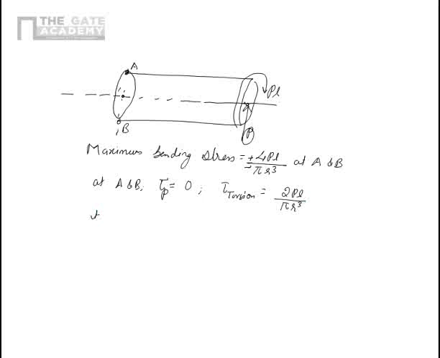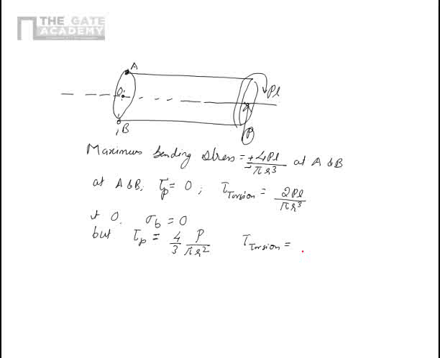At, I say this point is O, sigma B is 0. There is no bending stress at O, but tau P is equal to 4 upon 3 pi R square, and tau torsion is equal to again 0, because at O this is the center, so there is no radius there.